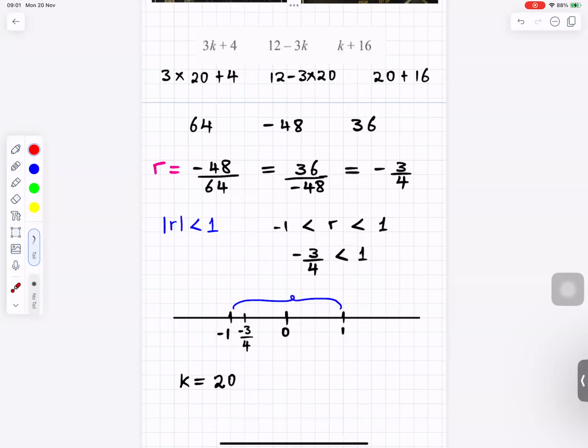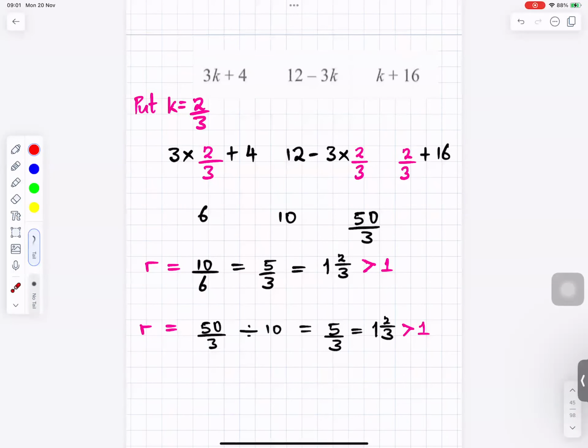If I draw it on a number line, you have minus 1 at this end, 1 over there, and minus 3 over 4 is there. So k equals 20 is the correct one, because you need to have the absolute value of r less than 1. Or think of it this way: the common ratio has to be between minus 1 and 1.